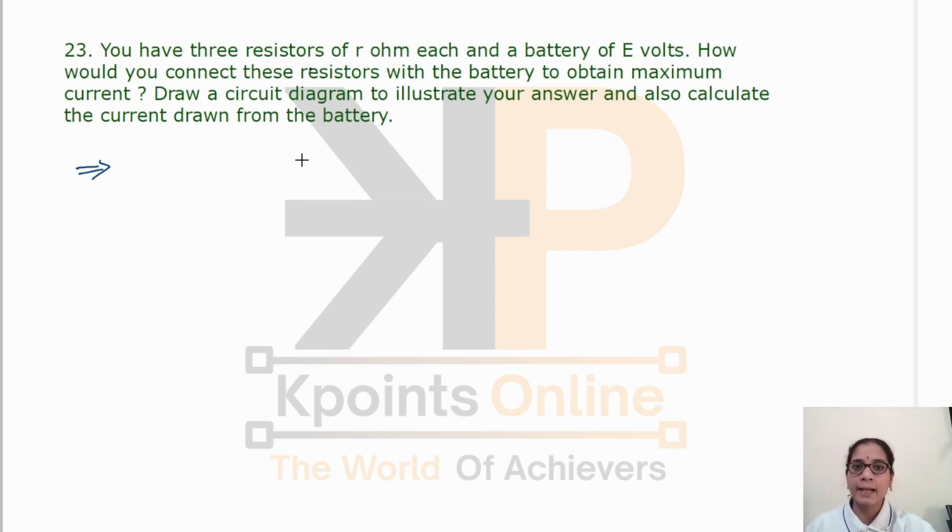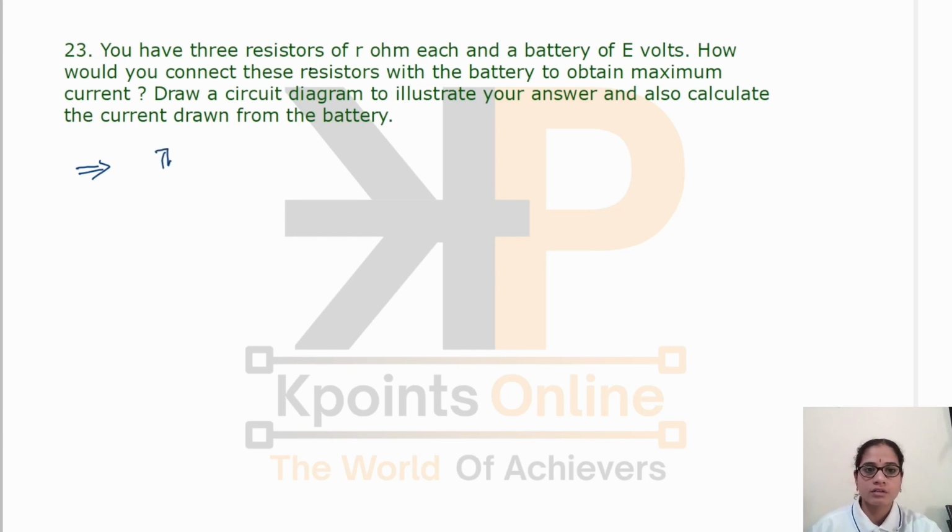We can obtain the maximum current only when the resistance is low. For parallel connection, we have the total resistance or equivalent resistance having lower value. In that case, we will get the maximum current. But if we connect it in the series, we will get the maximum resistance but less current.